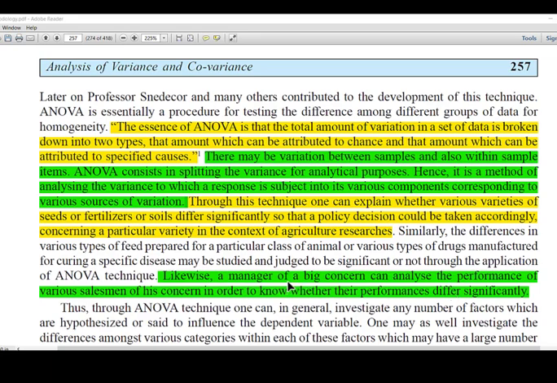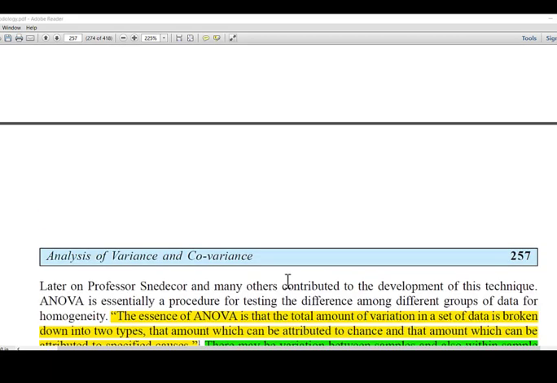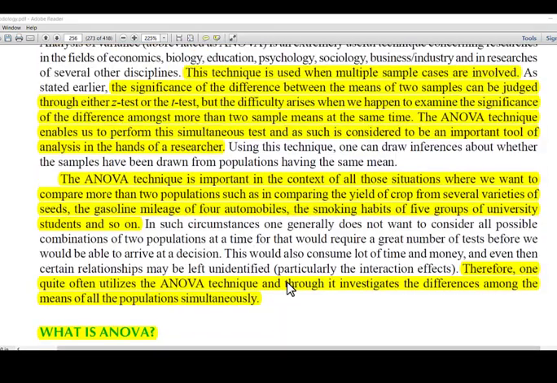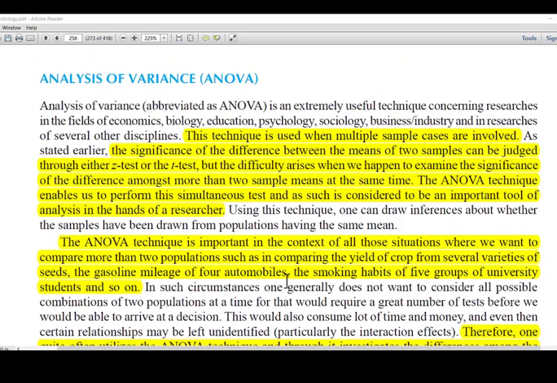In fact, ANOVA as a technique is used in many fields, and some are mentioned here: economics, biology, education, psychology, sociology, business, industry, manufacturing, and in researches of several other disciplines.